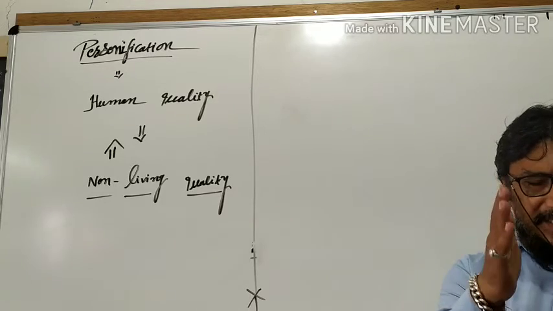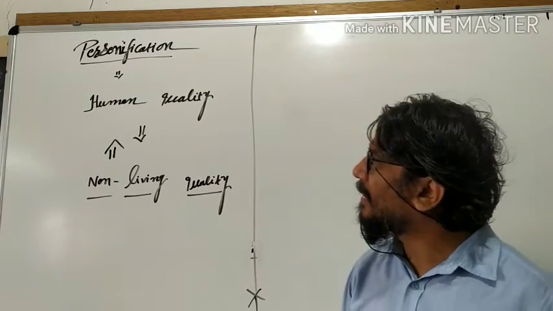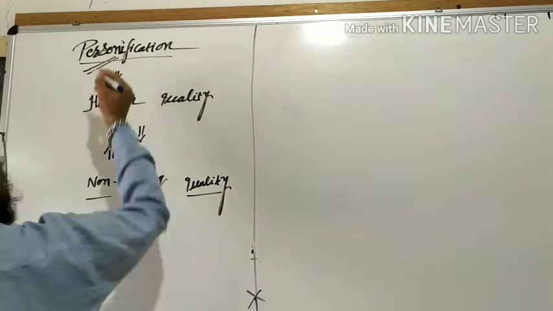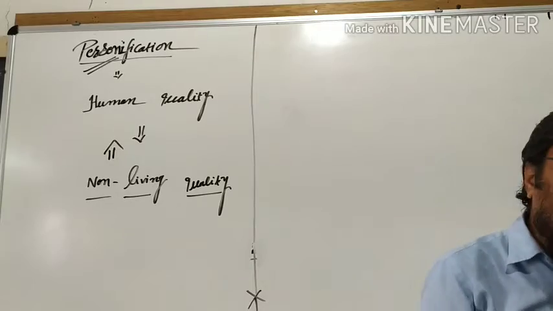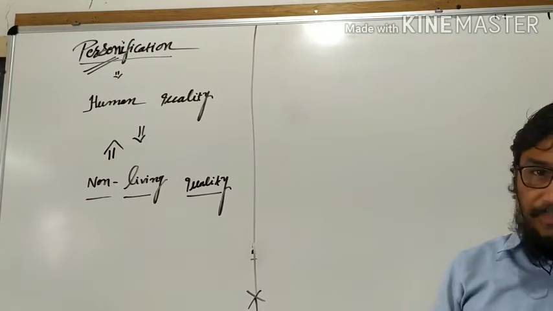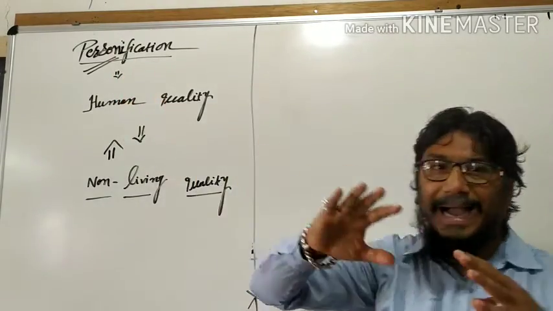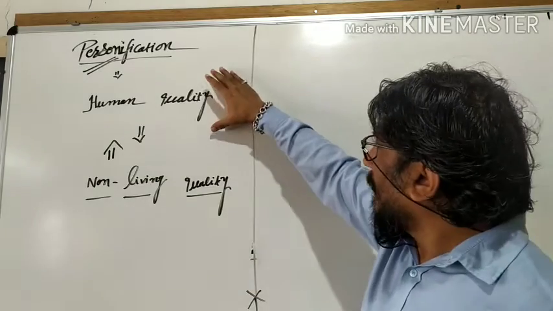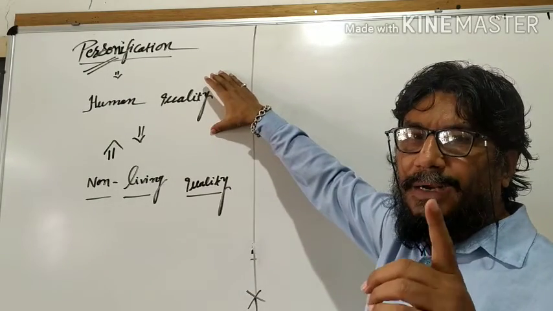If you concentrate simply on the first few letters here, what's given there? Person. From there we get the word personification. If you concentrate on the word person, that is fully connected with the human being, mankind. First of all, one thing will be there in the line.